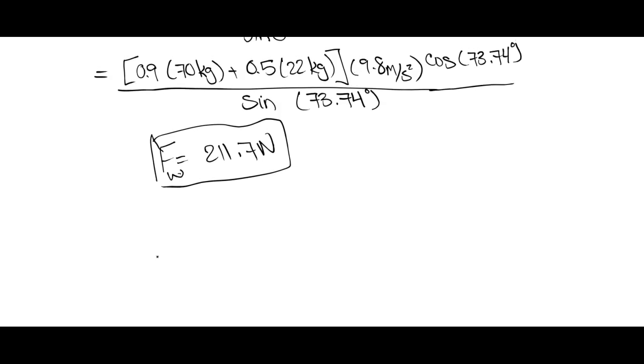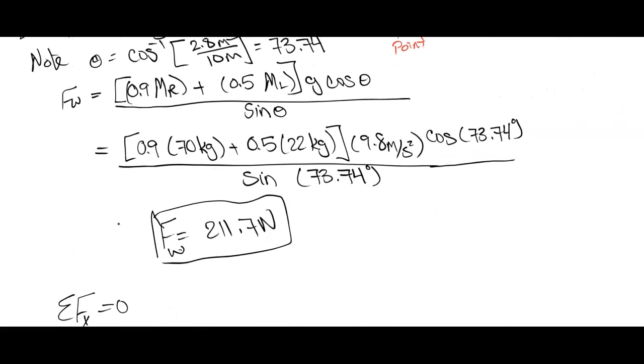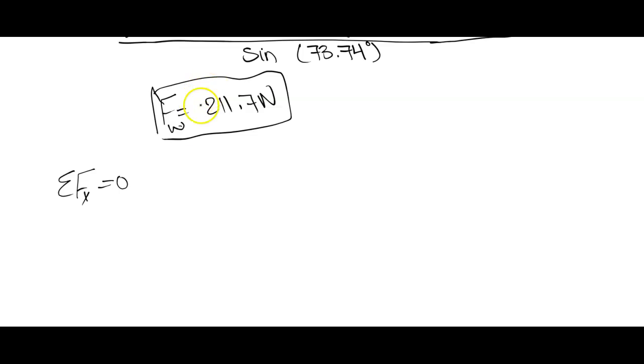So we're on our way to finding the solution, and now we can say, well, since it's in equilibrium, the sum of the forces in the x direction has to be 0, and if I scroll back up, I notice that I only have two forces acting in the x direction, which are F_W in the negative and the friction in the positive.